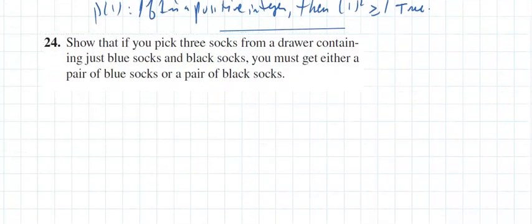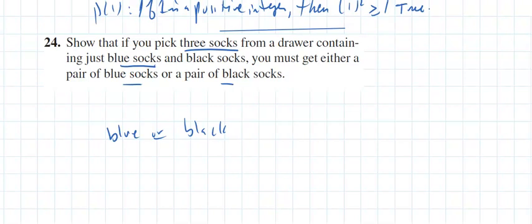Let's use a bit of logic. Show that if you pick 3 socks from a drawer, the drawer only has blue or black, so I'm picking a blue or a black, you must get either a pair of blue or a pair of black.